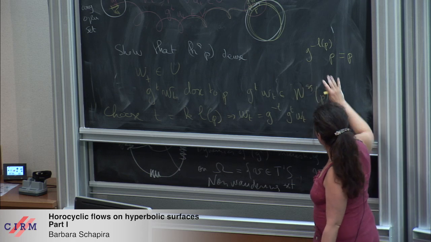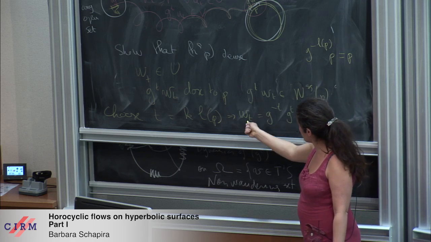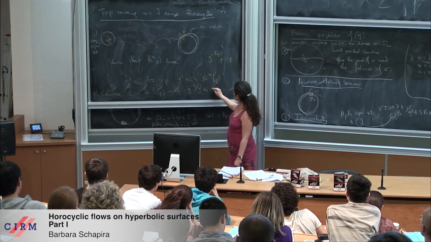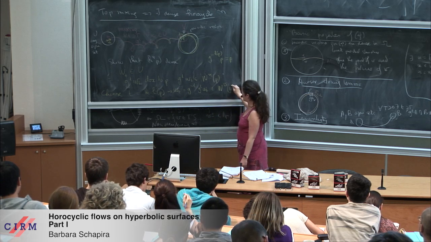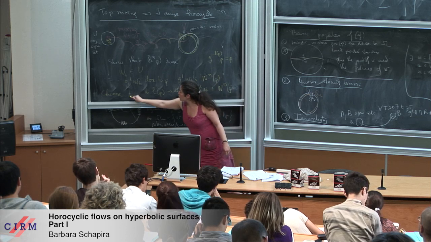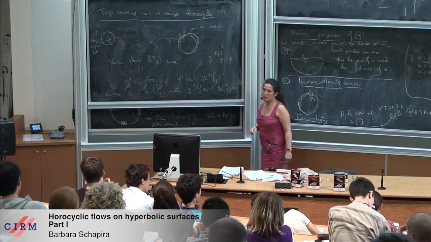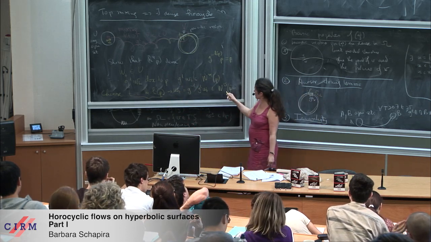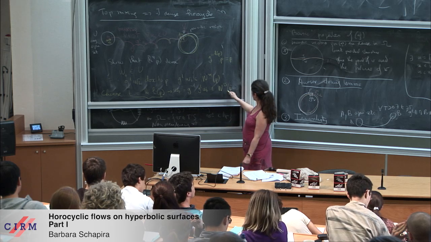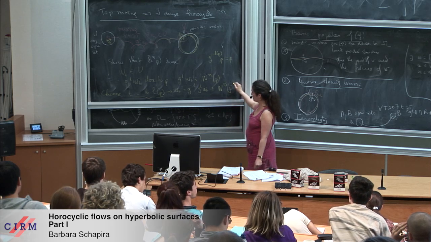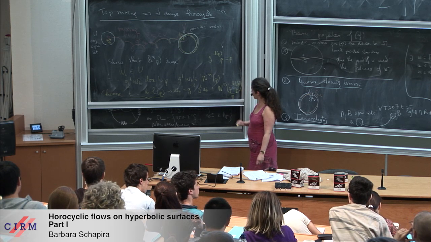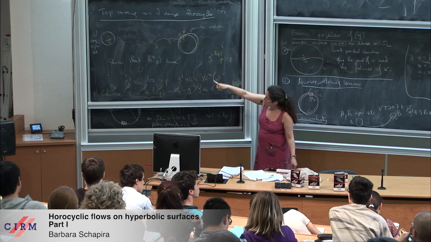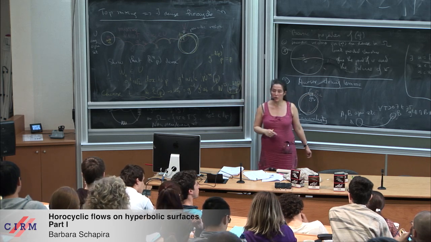That's a stupid remark, but that says that wt is in the strong stable manifold of g minus kL of P, which is P. So I found in U a vector of the strong stable manifold of P.